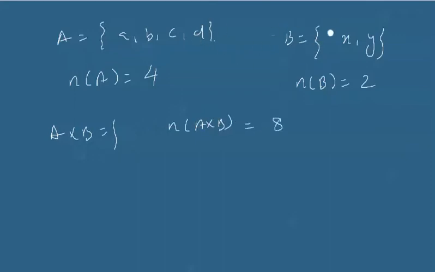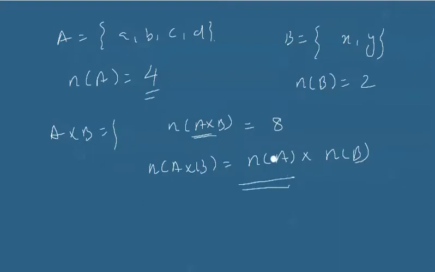Or in other words, n of A cross B is equal to n of A into n of B. The number of elements in A cross B is equal to the number of elements in A into the number of elements in B. This also, I think, we have learned already in class 11.